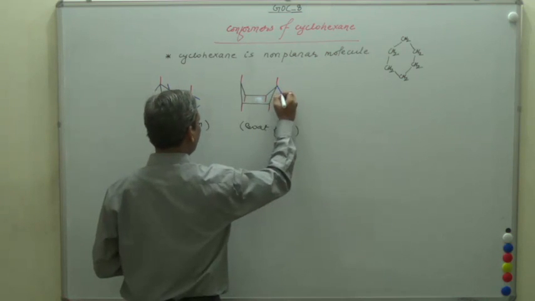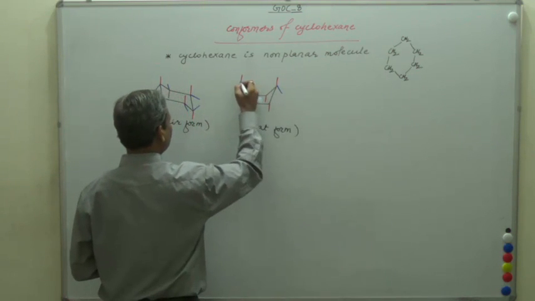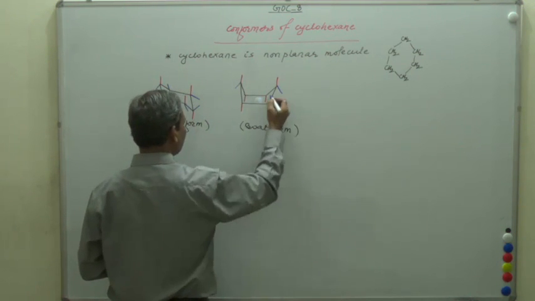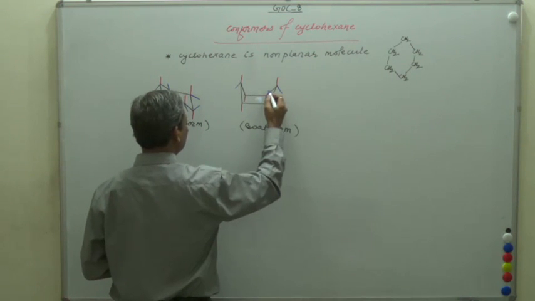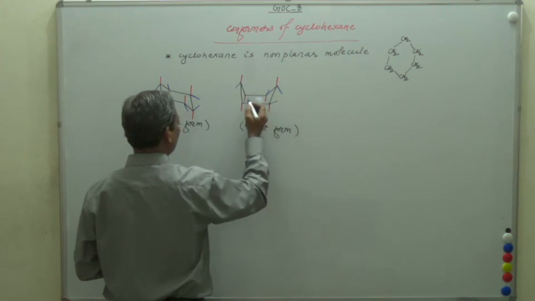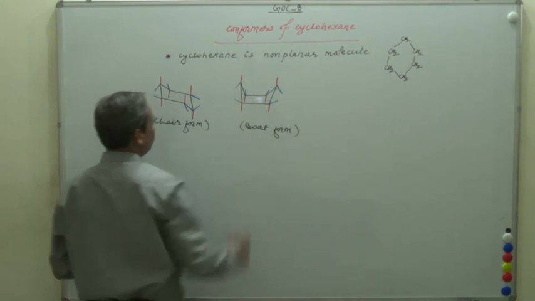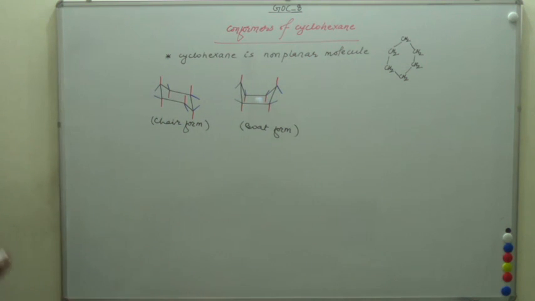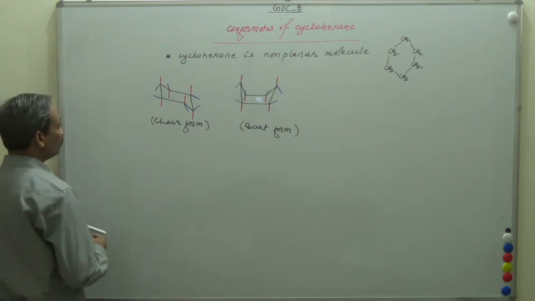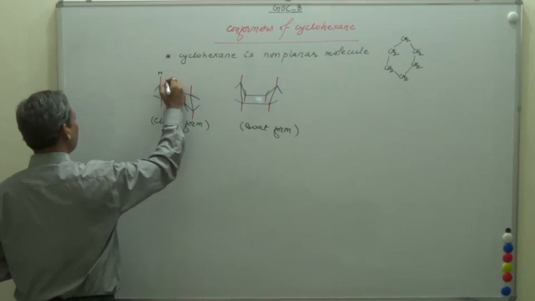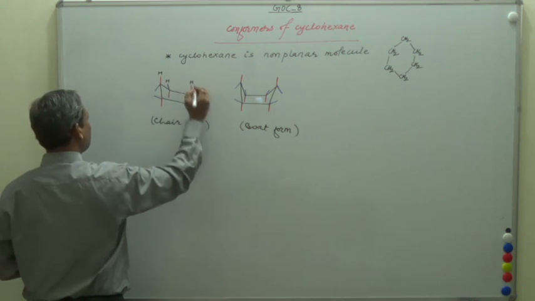Similarly, this is axial, equatorial, axial, equatorial, equatorial, equatorial, equatorial, and equatorial. So cyclohexane exists in two conformeric structures. All are the hydrogen atoms.